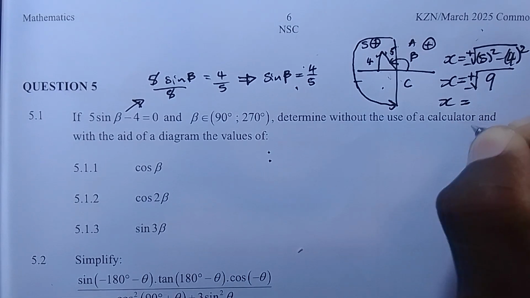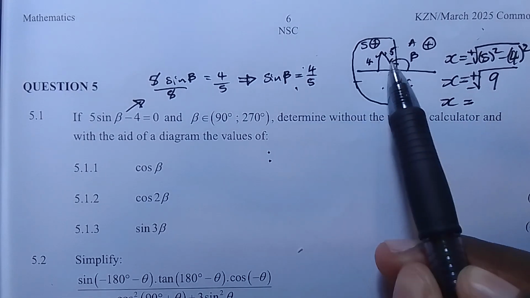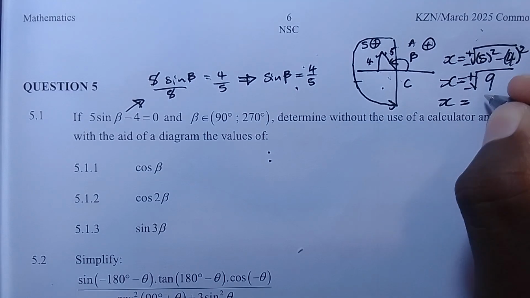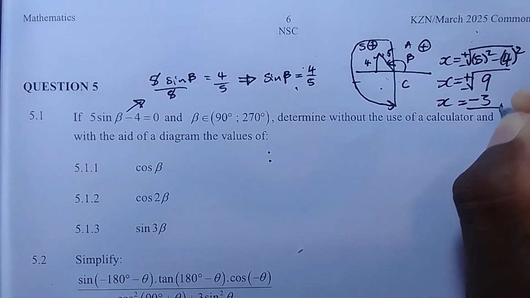Now x is plus or minus 3, but we know that x is negative here because it's on the negative side of the x-axis, therefore it's negative 3.